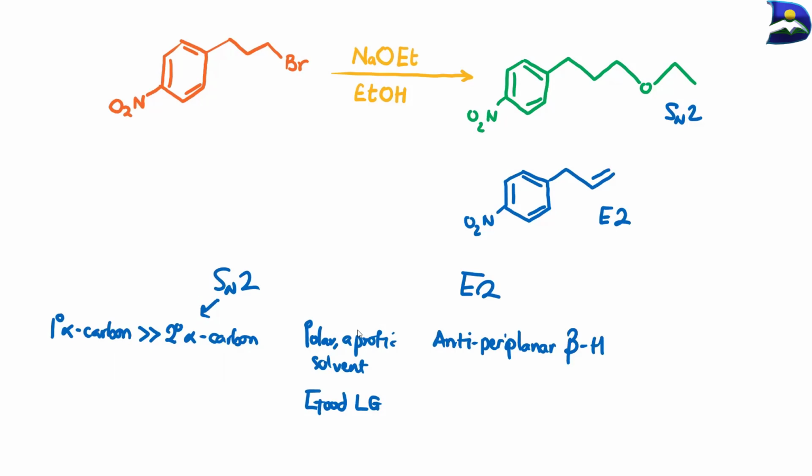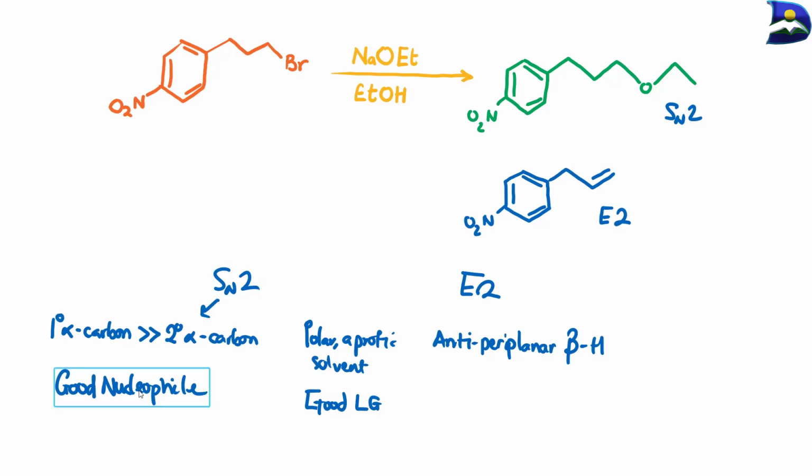Next, keep in mind that for SN2 reaction, you need a really good nucleophile, and this is really important because you don't want a strong base to be involved in an SN2 reaction.